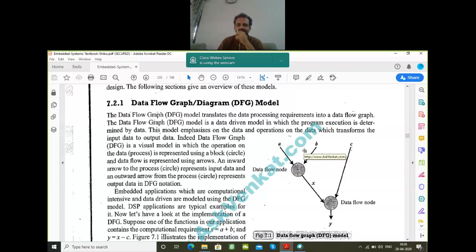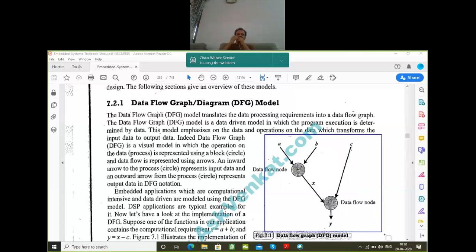In this particular model, you can see one graph shown here in the blue box.